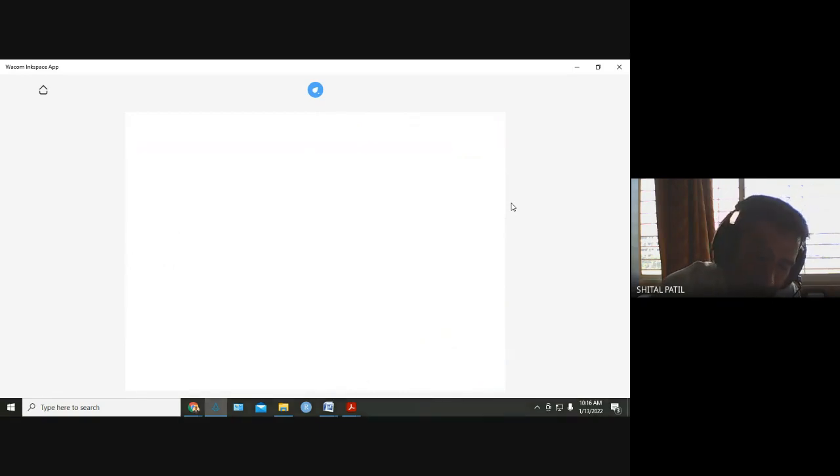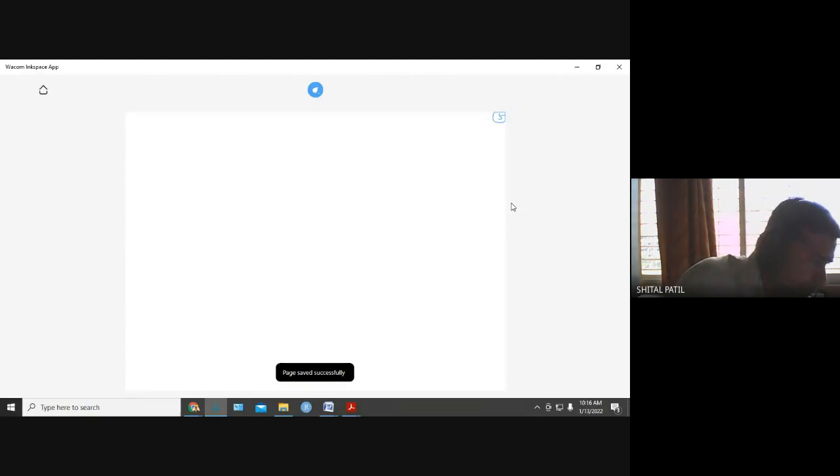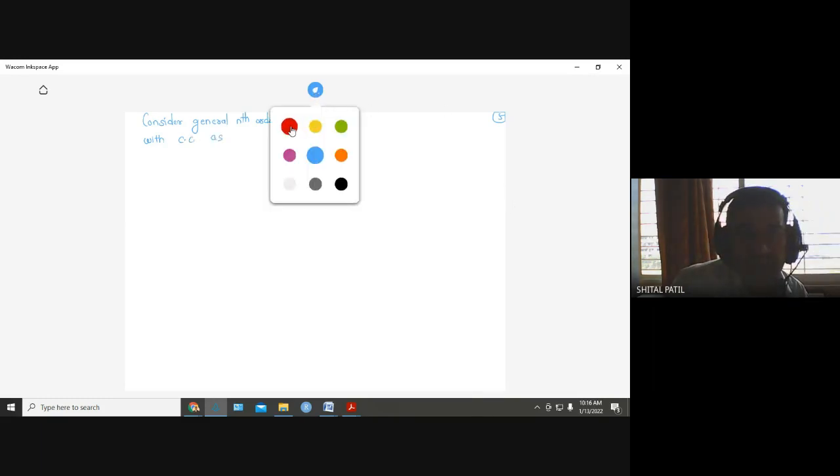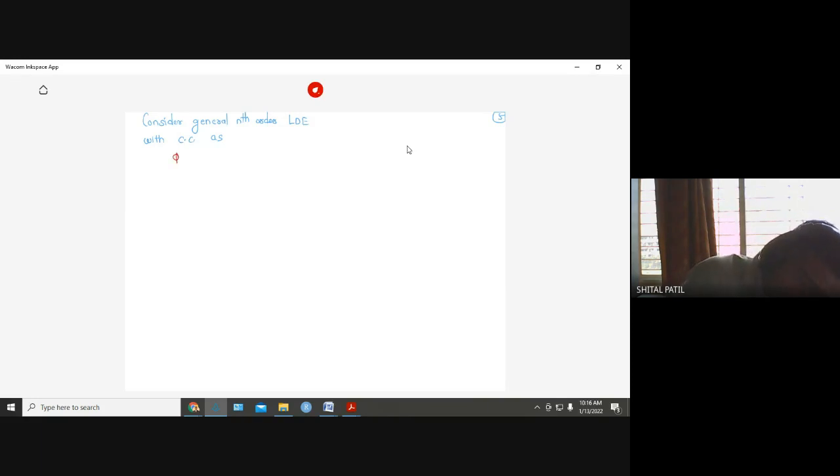Okay, let me change the page. Next is page number 5. We are starting with our topic. Consider a general nth order linear differential equation with constant coefficients, written like this: phi of D, y equal to f of x.